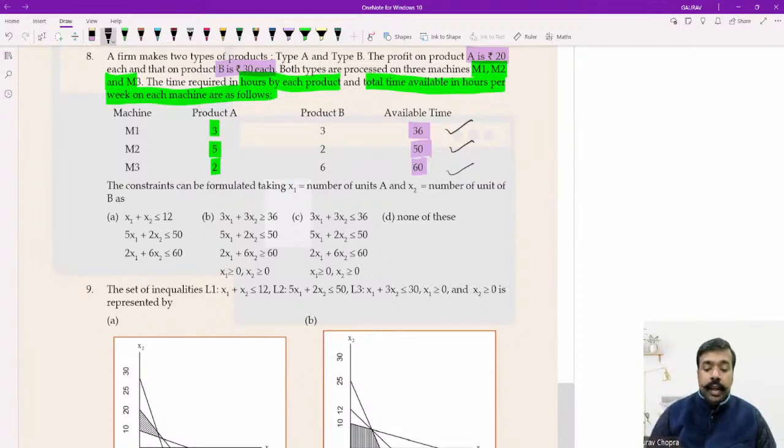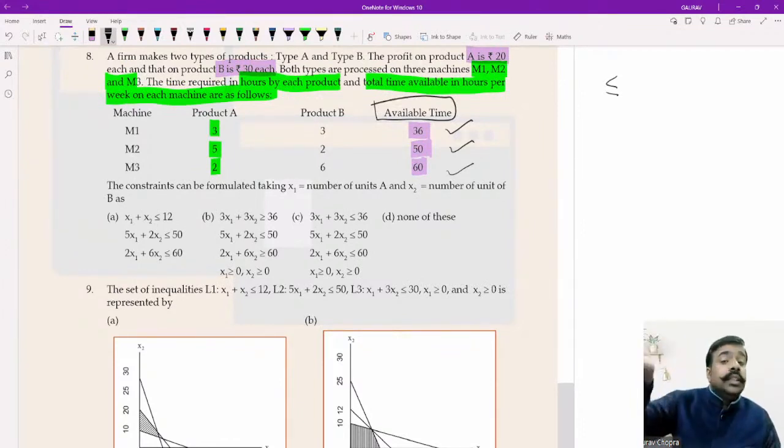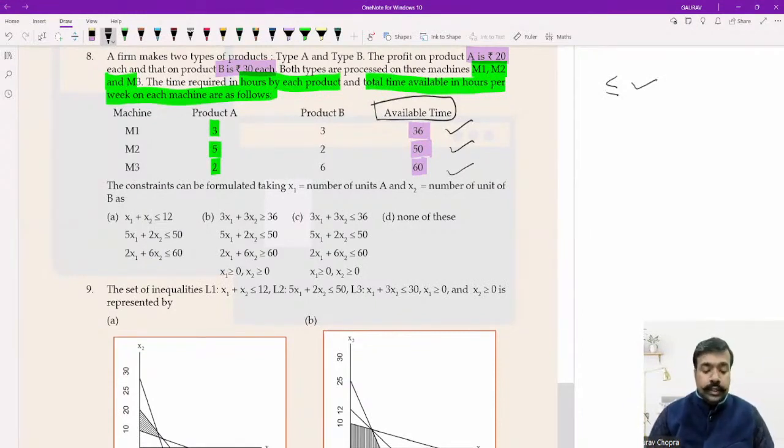So since it is the maximum limit, we have to see less than equal to sign. And how do we know that it is less than? Since it is the available time. The available time is 36. That means more than 36 is not available. Less than is available, but of course, more than 36 is not available. So simply we have to use less than equal to sign.